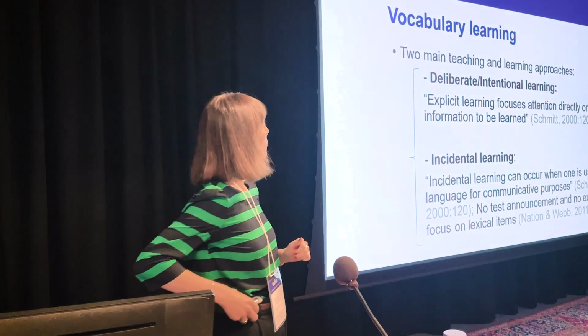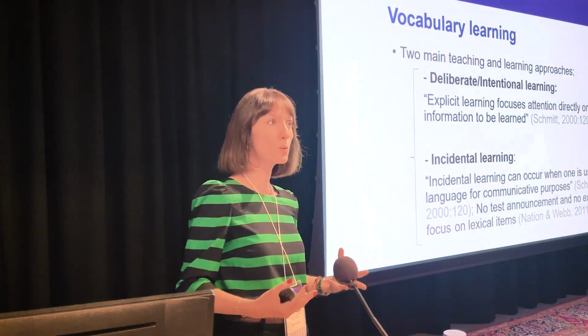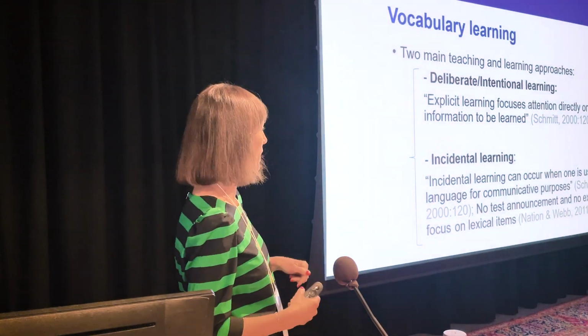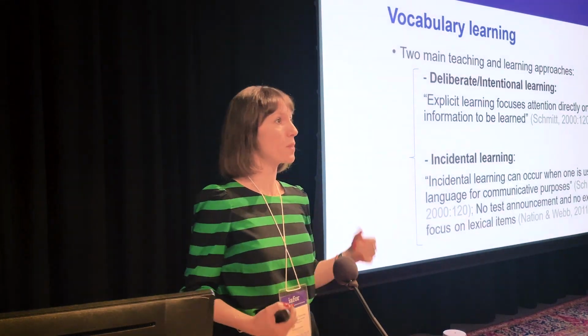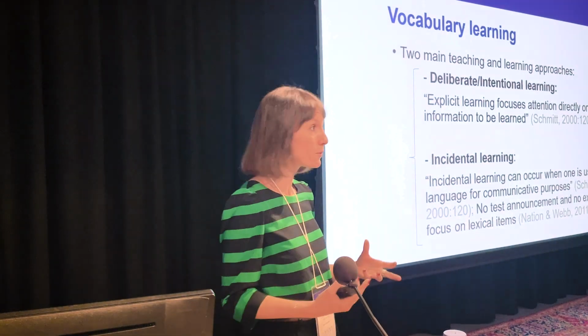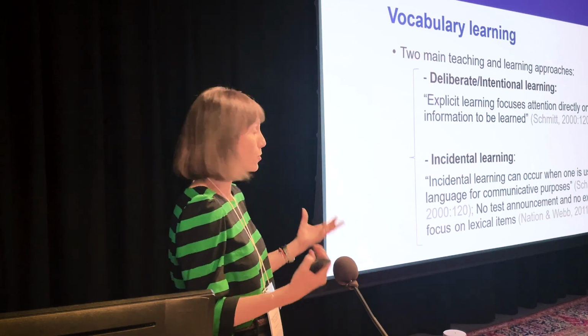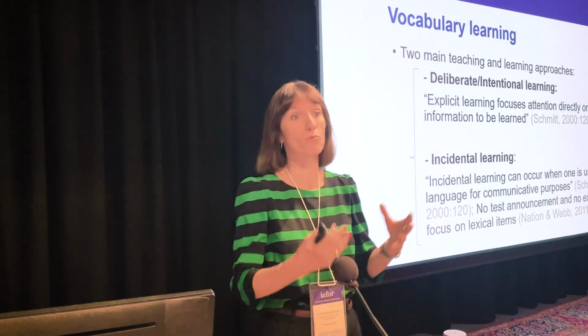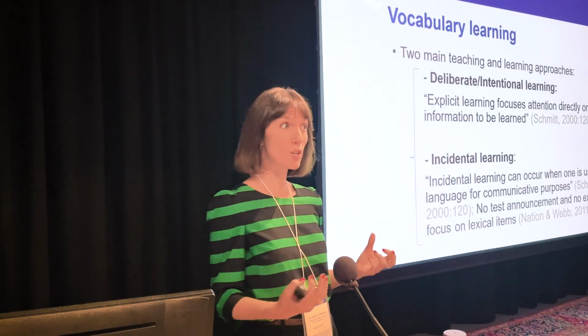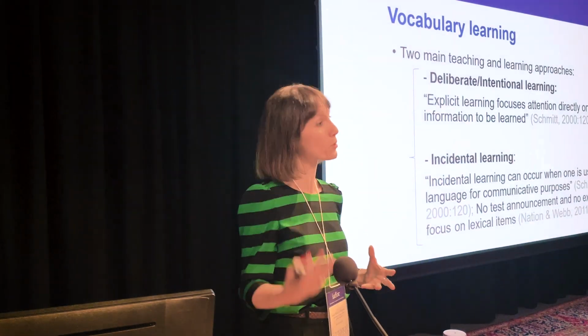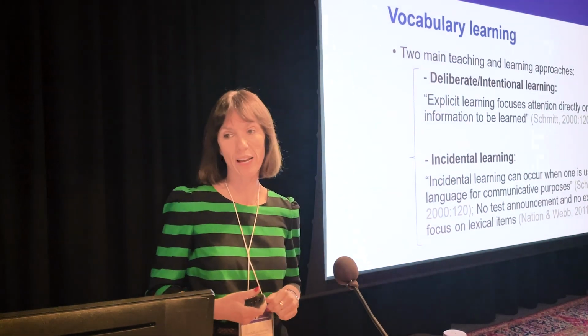Now, the second approach is incidental learning, which is the type of learning that occurs when learners are using the language for communicative purposes. So the main intention is not really to learn vocabulary, but to use the language for communicative purposes. So reading, listening. Vocabulary learning in this context happens as a sort of byproduct of the communicative activity.